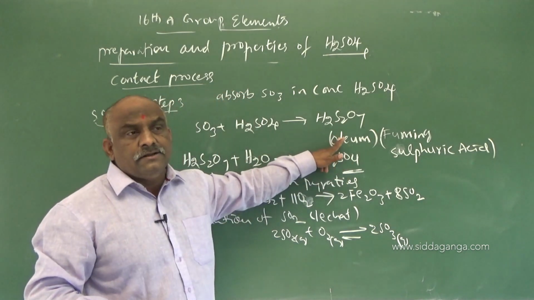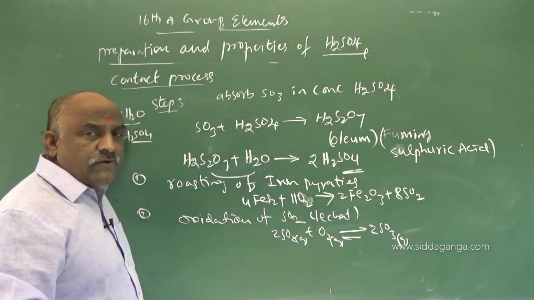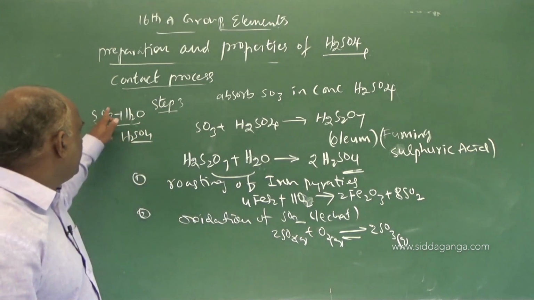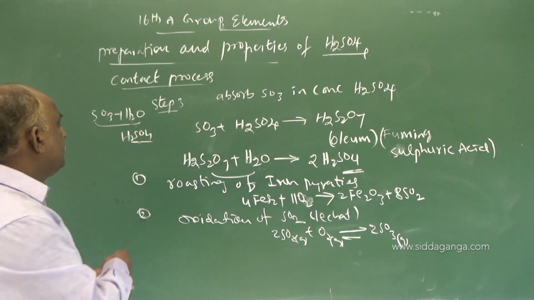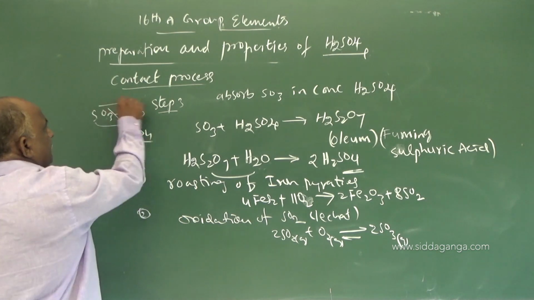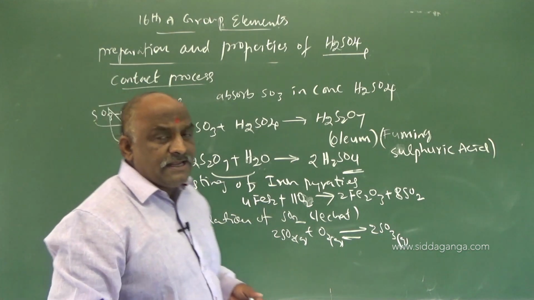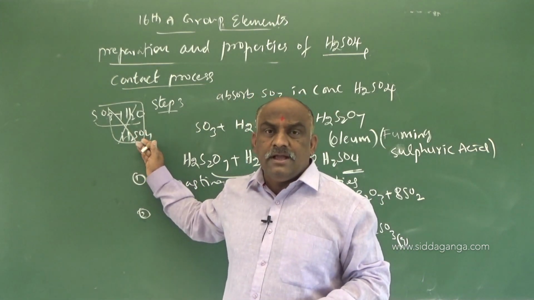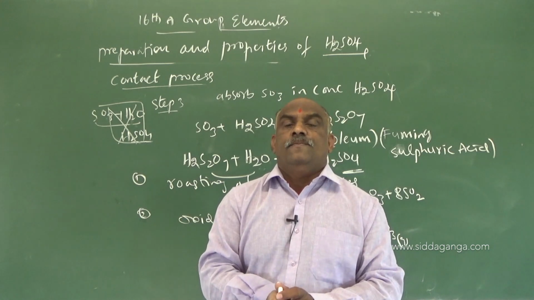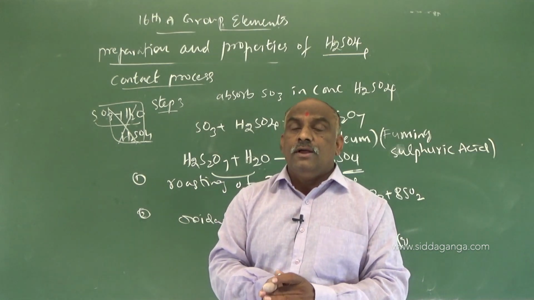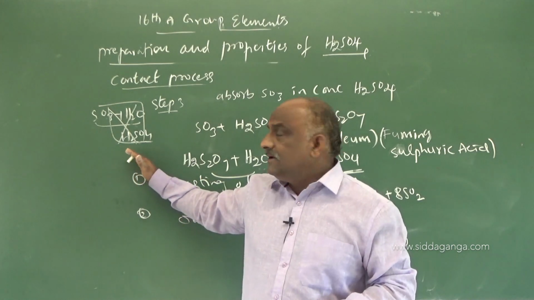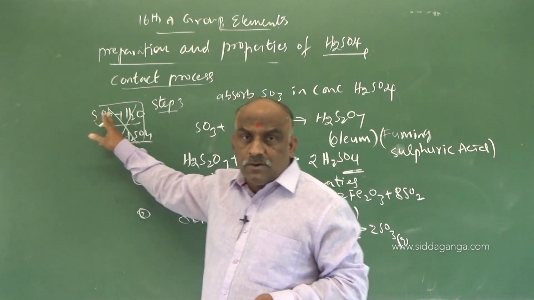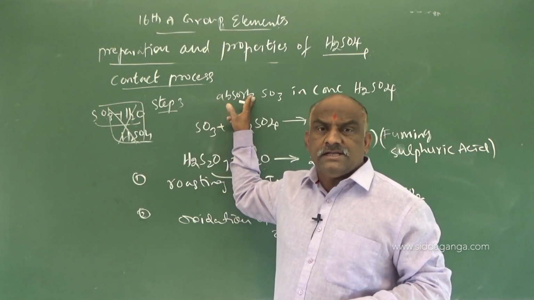Why should we take this risk? Absorbing sulfur trioxide directly in water would give H2SO4, but this reaction does not take place; sulfur trioxide is not directly absorbed in water. While absorbing, a little explosion takes place. To avoid that explosion, SO3 is absorbed only in concentrated sulfuric acid.